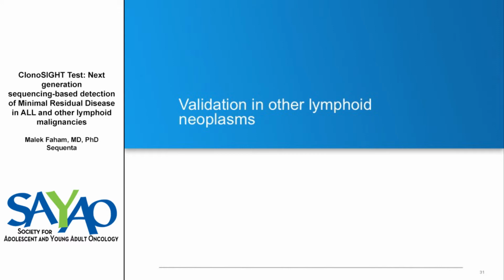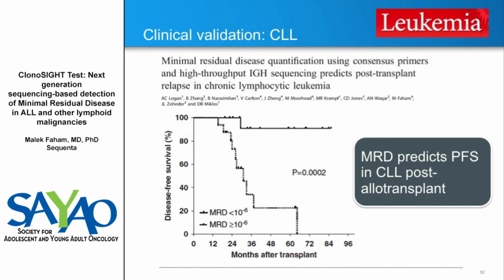I will end with discussing validation in other lymphoid neoplasms, and I will start with another leukemia, chronic lymphocytic leukemia. This is a collaboration with Dr. Logan, who will be presenting on another collaboration we have together in ALL. This collaboration focused on post-allo-transplant CLL patients, and this is a landmark analysis 1 year after transplant.